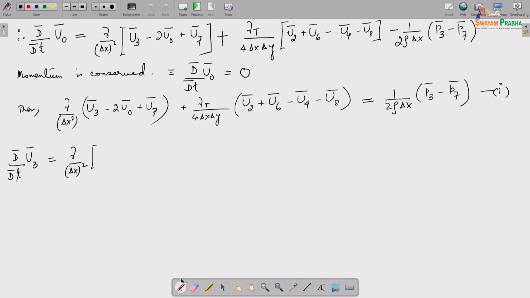So this is u13 minus 2 u3 plus u naught. Now if you see u2, u6, del x, del y here, in this we have u2, u6, u4 and u8.